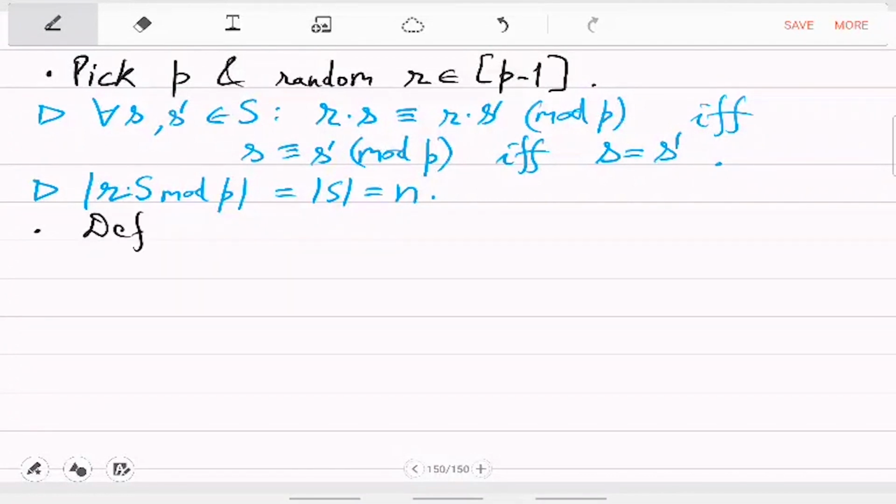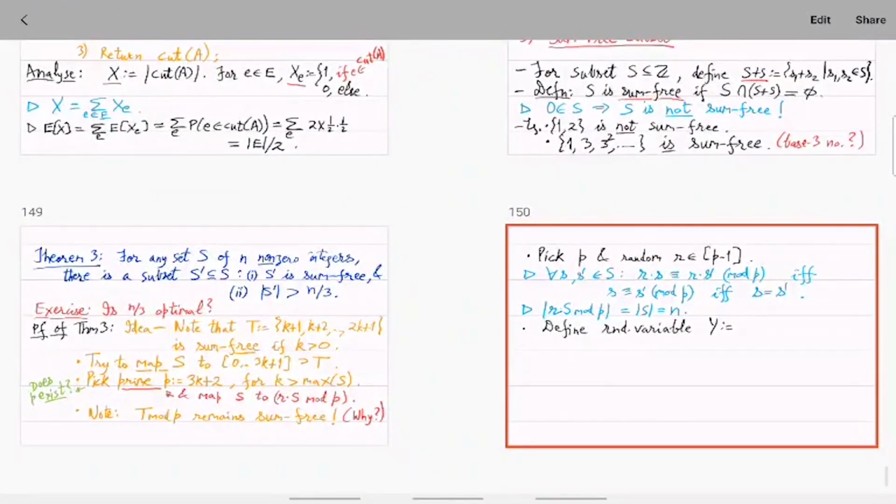So now define a random variable Y. So what are we interested in? As given in the idea, we are interested in how many elements from T did S map to, right. Did you get a lot of elements of T or none, or somewhere exactly in the middle?